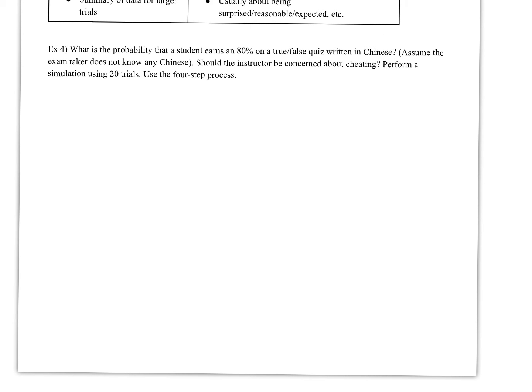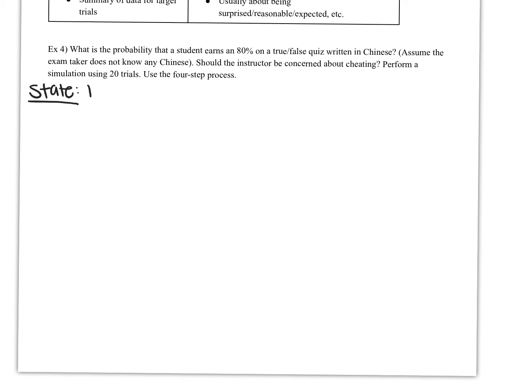So let's go ahead and run a simulation for that problem. We want to know the probability a student earns an 80% on a true-false quiz written in Chinese, assuming the test taker does not know any Chinese, and if the instructor should be concerned about cheating. So we want to perform a simulation using 20 trials. So let's start with the state part.